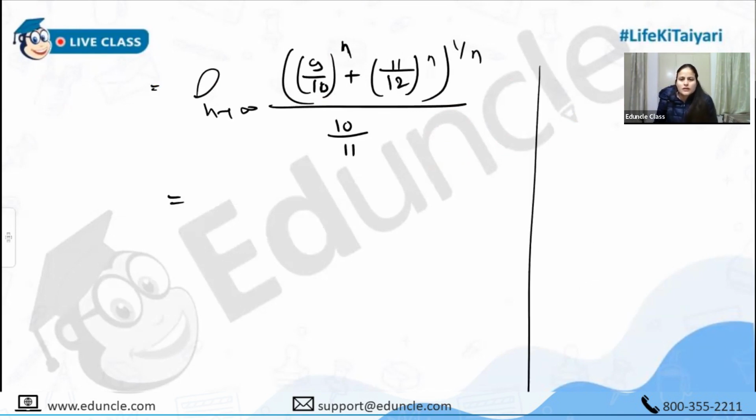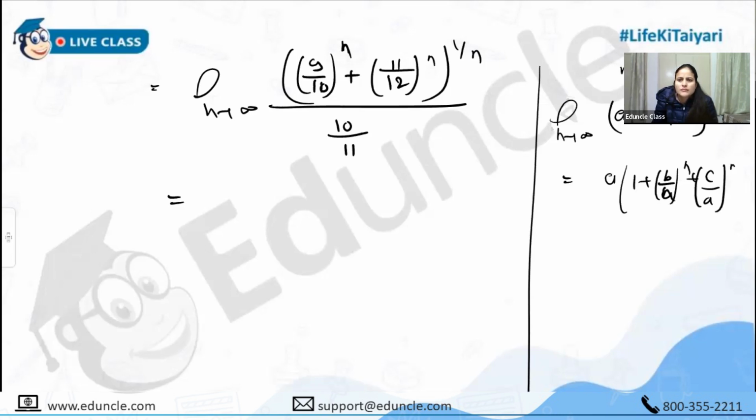As we have a formula now, or I think I gave you the result already. If you have a^n plus b^n plus c^n, like some terms, raised to 1 by n, then take the maximum power outside. Suppose the maximum among a, b, c is a. So you need to take a^n outside, a^n to the power 1 by n.